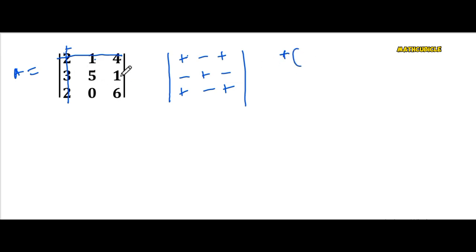Then we are left with 5, 1, 0, and 6. So that becomes 5 times 6 is 30 minus 0 times 1 is 0. So that's 30 minus 0, so here we write 30.